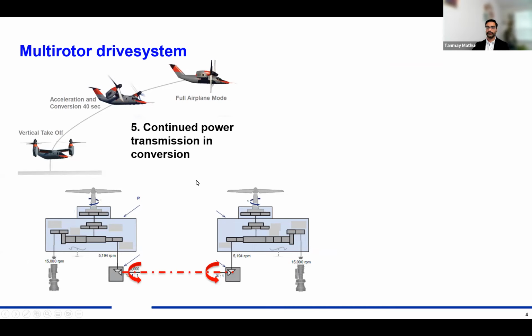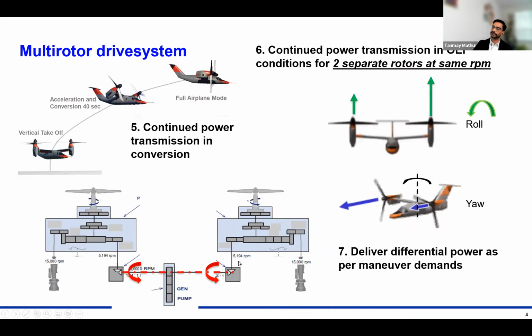Also, this drive system needs to continue delivering power in case the engine on one of the nacelles fails. So you still want to drive the two rotors at the same RPM, even if the engine fails. And for this, you need to have a mechanical interconnect between the two gearboxes.